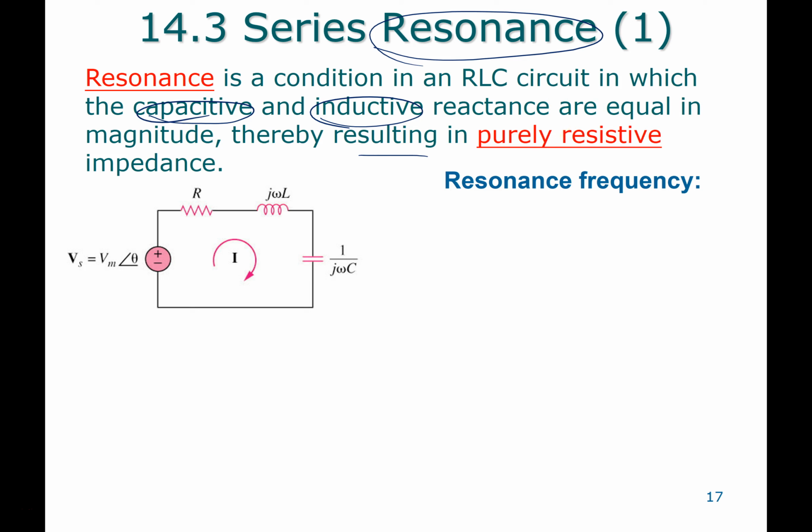So if you take this circuit, with a ZL here and a ZC here, my total impedance is Z = R + jωL, but I also have a minus 1 over ωC because of that capacitor.